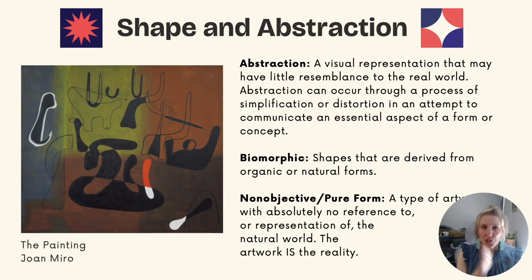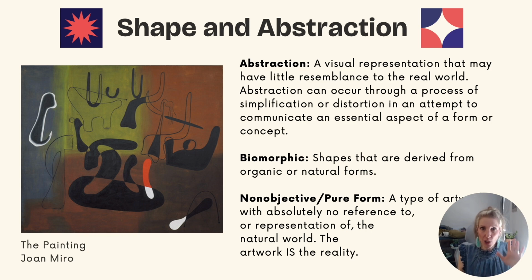We also see how shape plays into abstraction. So abstraction is a visual representation that may have little resemblance to the real world. Abstraction can occur through a process of simplification or distortion in an attempt to communicate an essential aspect of a form or concept. We see biomorphic shapes.